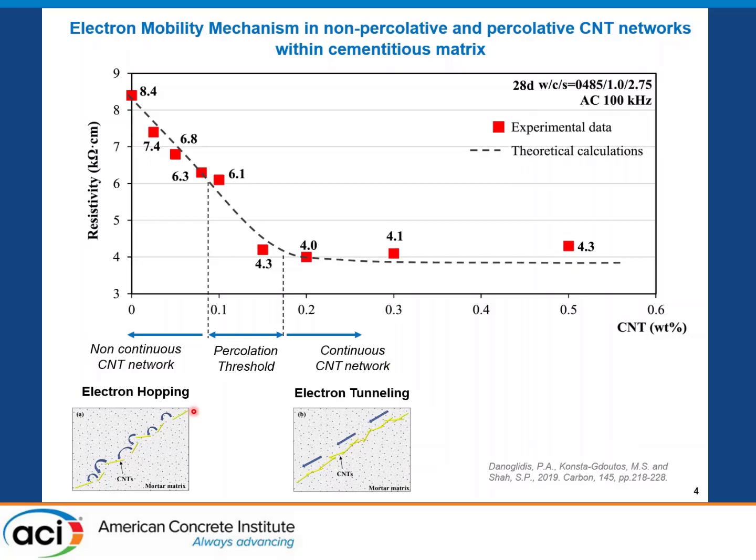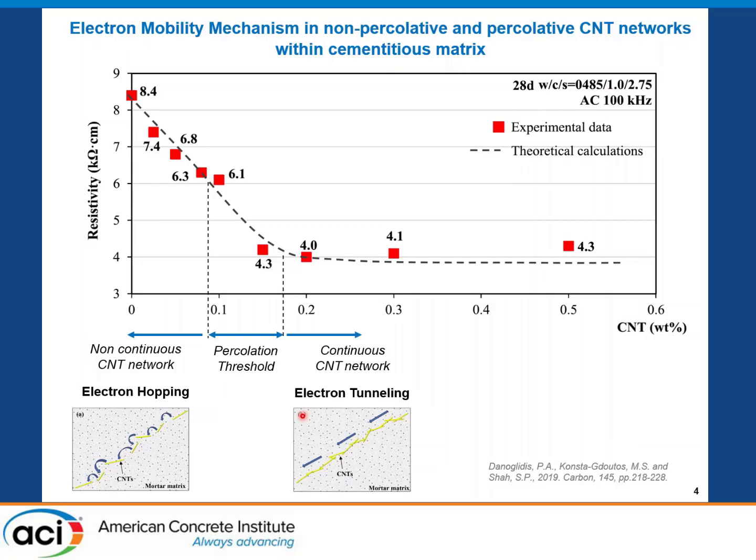Once a continuous CNT network is established, for loadings above the percolation threshold, the electron tunneling current passage is uninterrupted through this established CNT network.